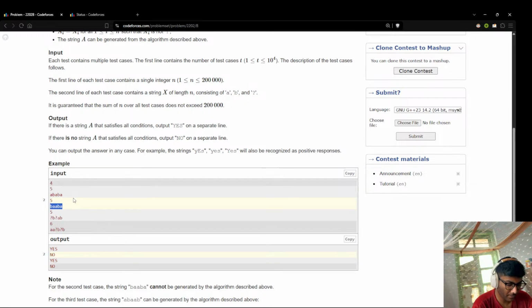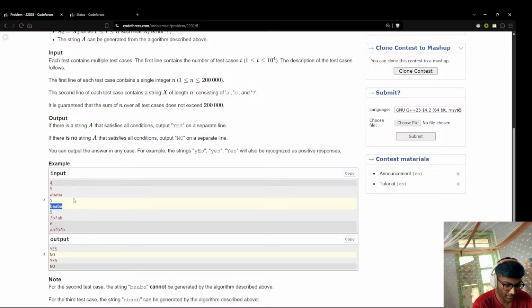Then I can take A, good. Then I can take A and then a B. Fourth one, A question mark B question mark B. So A B A B A I have.